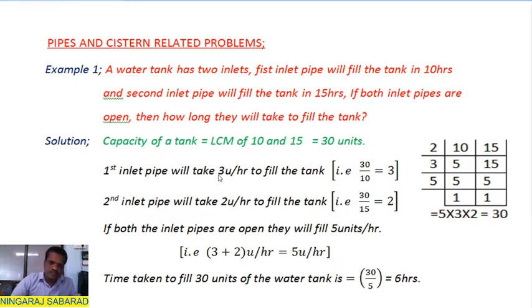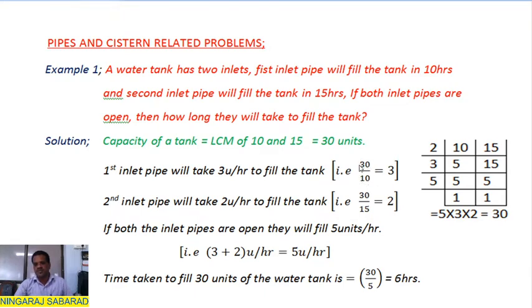Now we have to calculate the rate of filling of water to the tank from the first inlet pipe. The first inlet pipe will take 3 units per hour to fill the tank. How I got this value: take 30 units as the capacity of the tank and 10 as the time taken by the first inlet pipe.